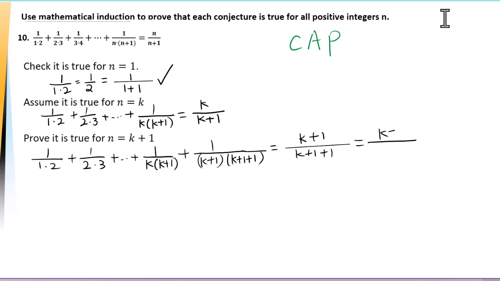Simplify the right side: k plus 1 over k plus 2.